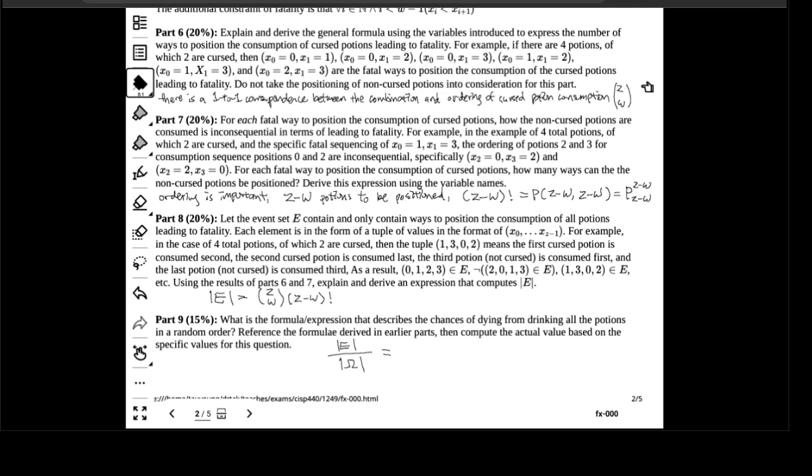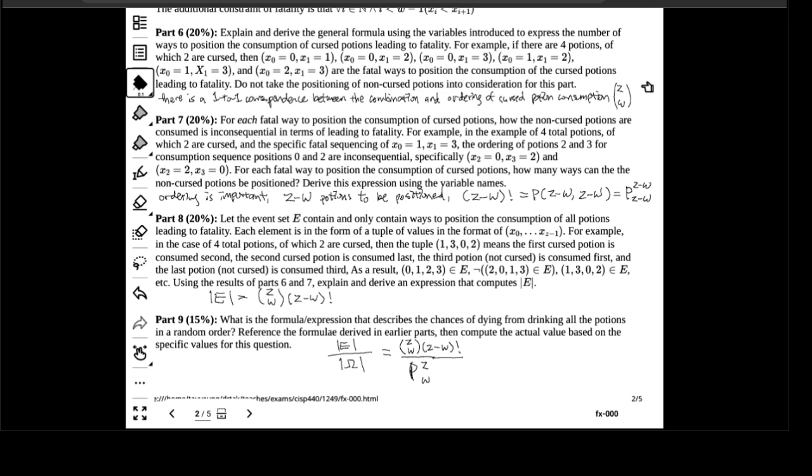Since we have already solved part 8 and also the earlier parts, part 5 gives us the denominator, which is the number of permutations of choosing W from Z, and part 8 is giving us the numerator, which is Z choose W times Z minus W, the whole thing factorial.